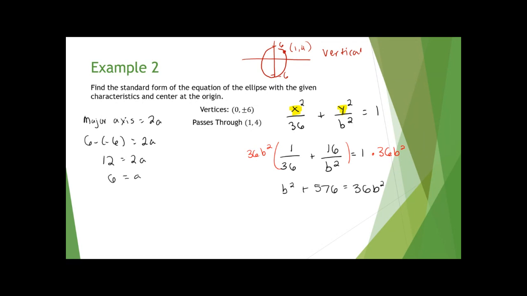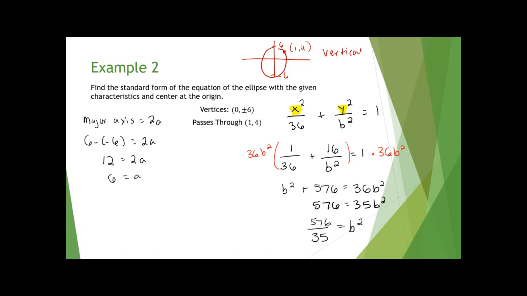I'm going to subtract b squared from both sides, so that's 576 equals 35b squared. I'm going to divide 576 by 35. Okay, so that actually comes out to a nasty thing. 576 over 35, it doesn't divide evenly, it equals b squared.